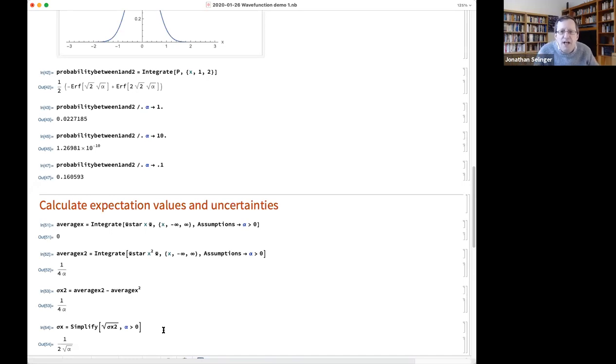Questions about this? Do you have questions about the software or about the science, either way? When you download this, you can change numbers and see what happens. Even if you don't know the whole syntax for Mathematica, you can just change specific things.